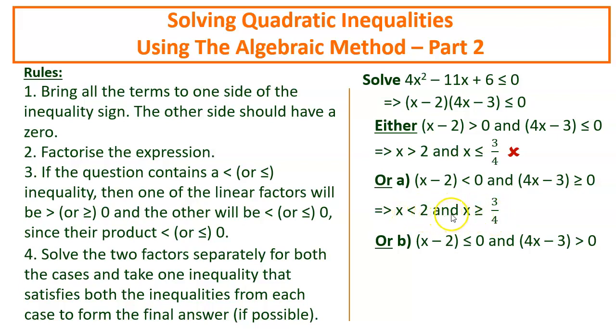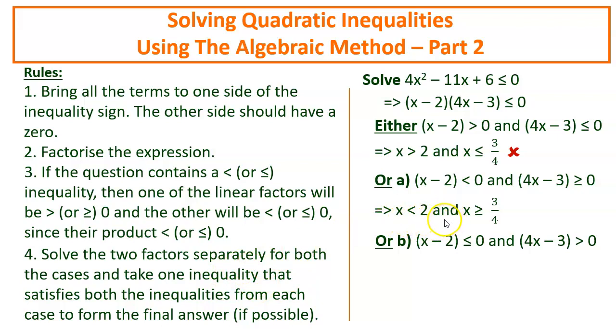But in this case, we cannot take a single inequality which will be representing both the inequalities. That is not possible. That is why I have written this if possible part. Sometimes it is not possible to take a single inequality to represent both the inequalities.